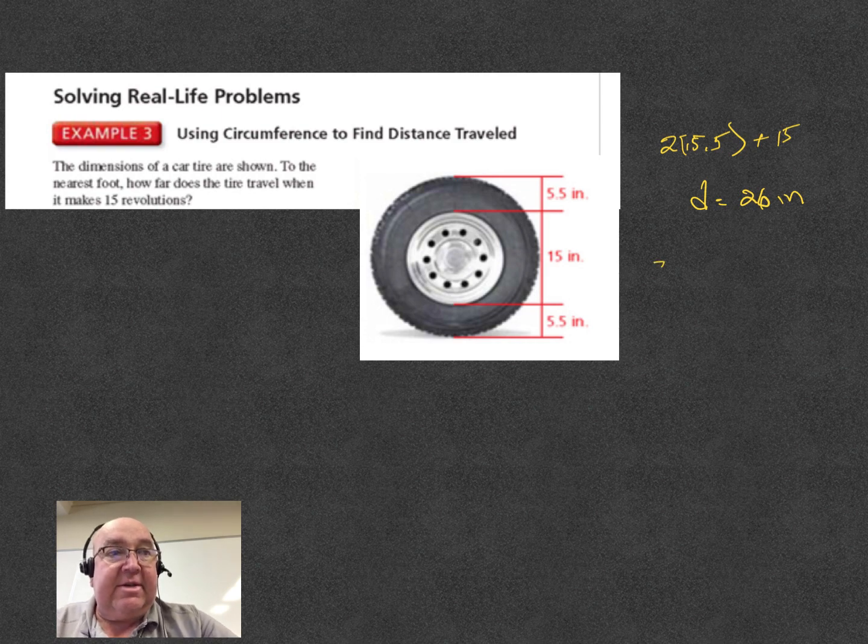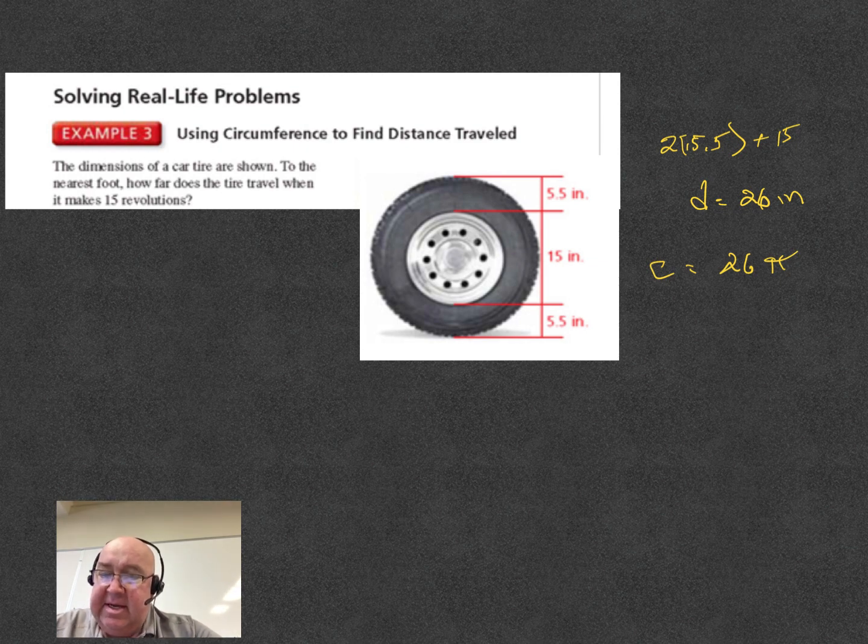We're going to find that the circumference is equal to 26 pi. So that circumference then is equal to about 100. We're just going to leave it as 26 pi.